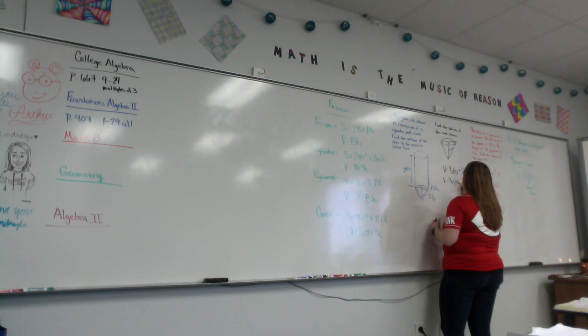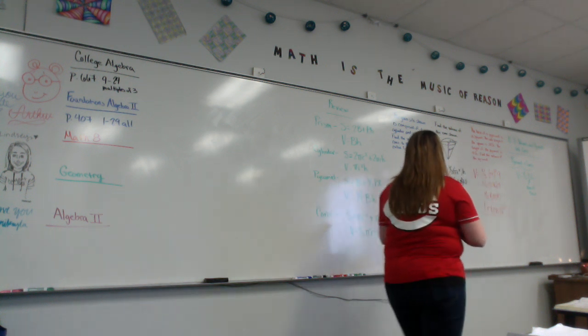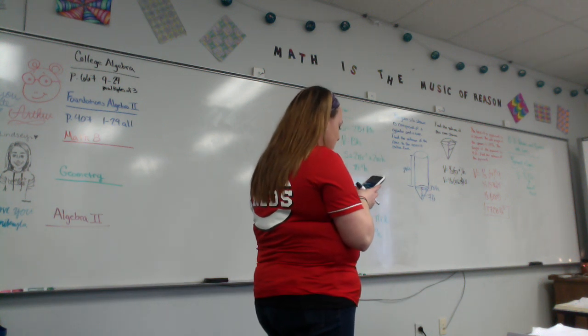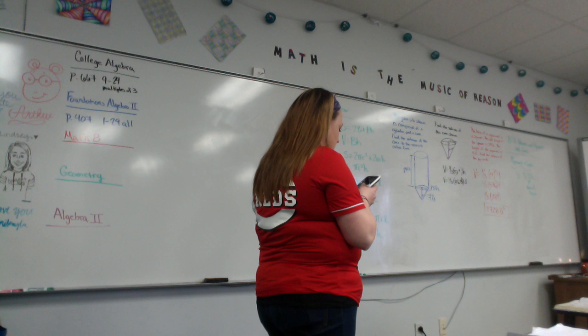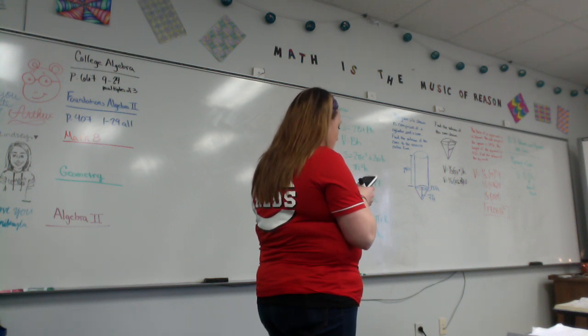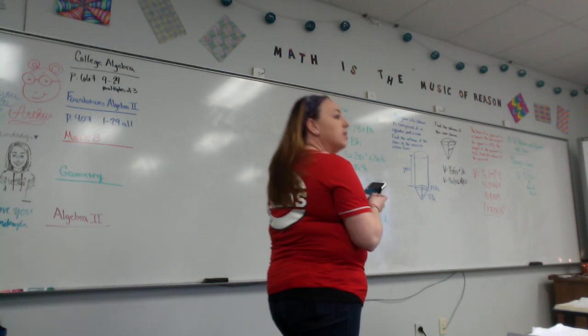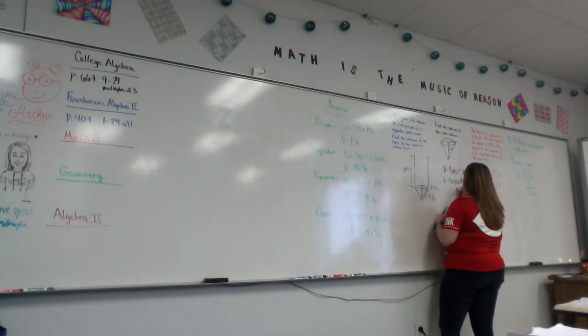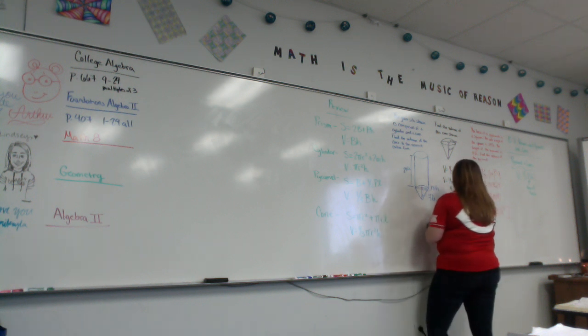Don't forget that if they give you the diameter, you've got to break it down to the radius. Now take 6.75, square it, and multiply it by pi. That's about 143 if you round it. Let's just round to the whole number. 143, good. Then I multiply by 10 and divide by 3.